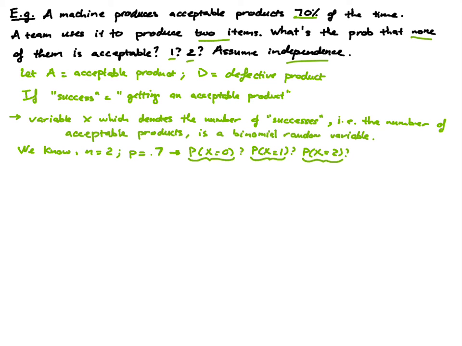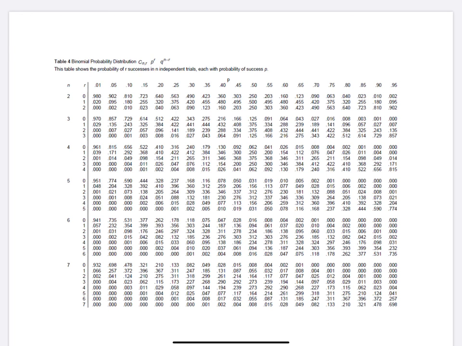So we want to go to the table. Go to the part of the table where n is equal to 2. So we are right about here, right? We want to look under column 0.7, which is this column, and so these are the values that we want.